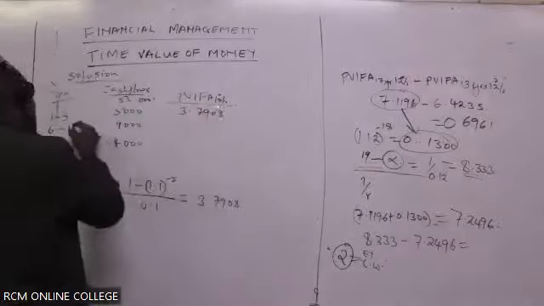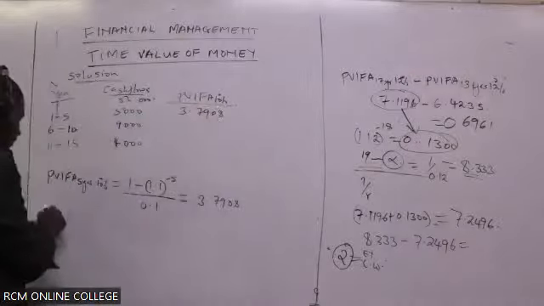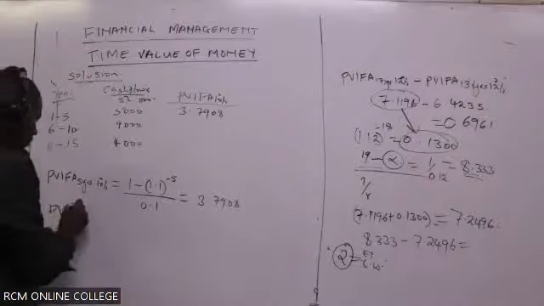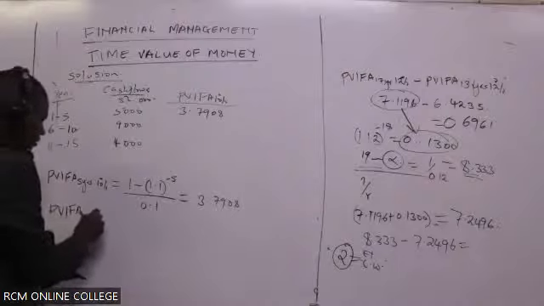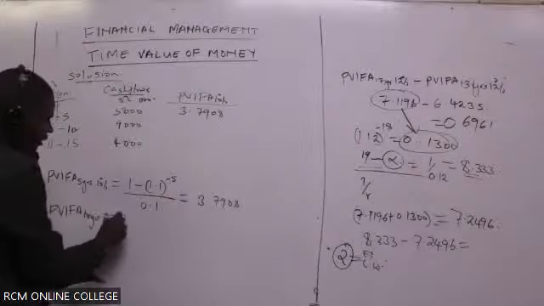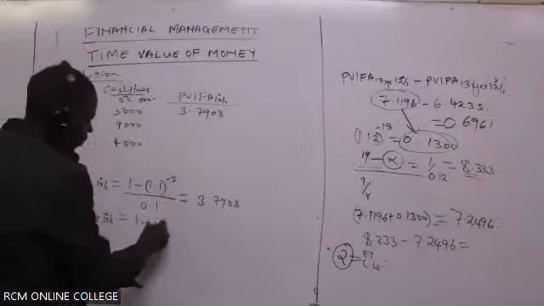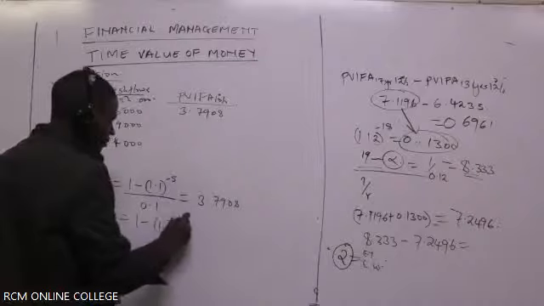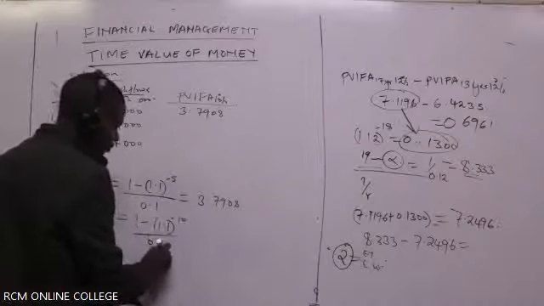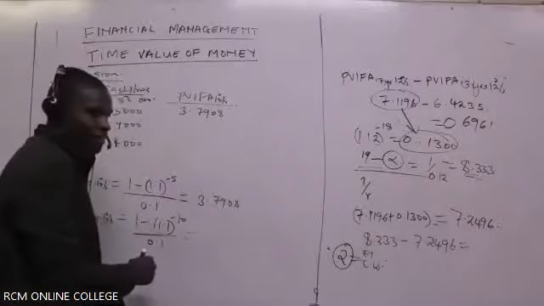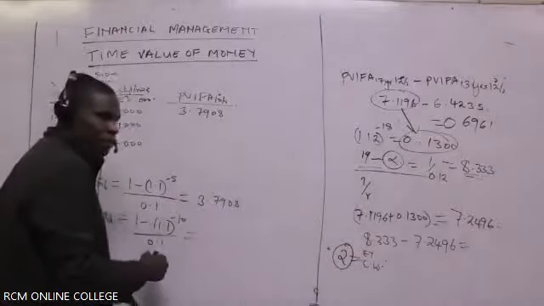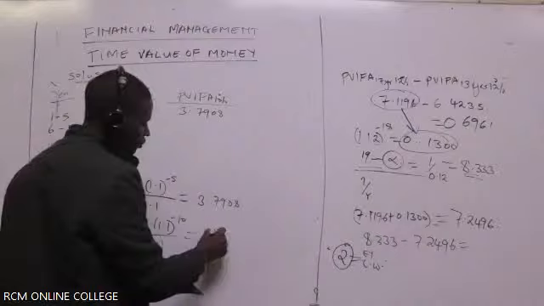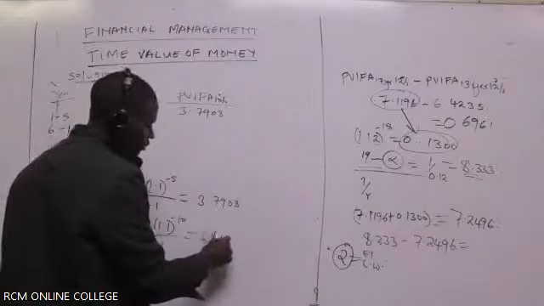Then we look at PVFA 10 years, 10%. That will be 1 minus 1.1 raised to power negative 10 divided by 0.1. What did you get? 6.1446.